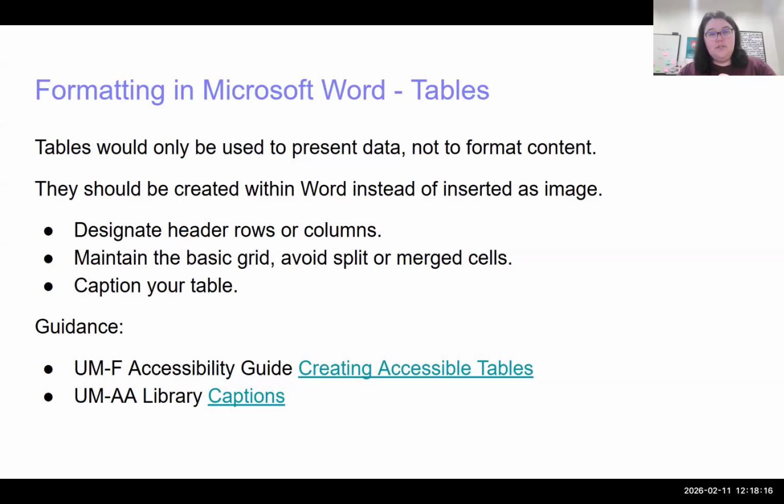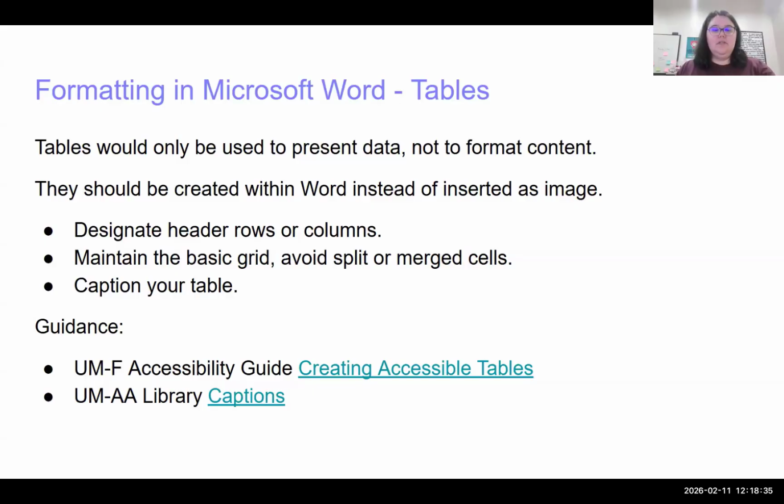Because again, computers are stupid. If it's there, they read it exactly like it is, and so there's sometimes a little bit of context loss with that. And you are also going to need to caption your table. And when you caption your table, it typically means you're just putting a figure one or table one and then a heading for the most part.